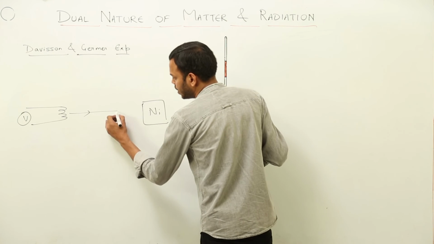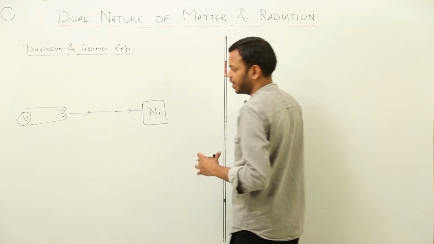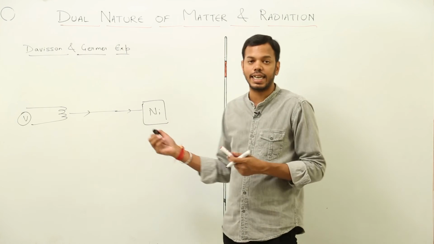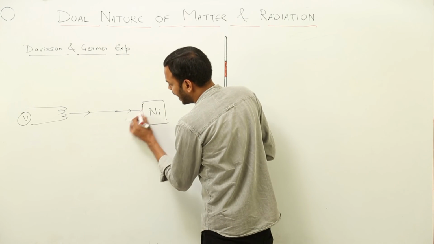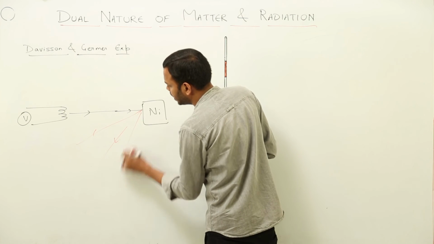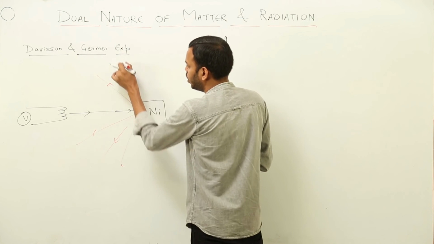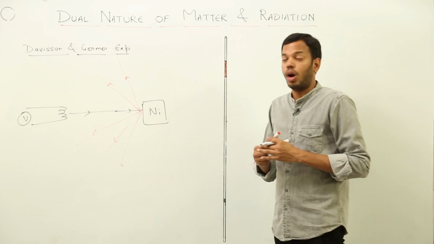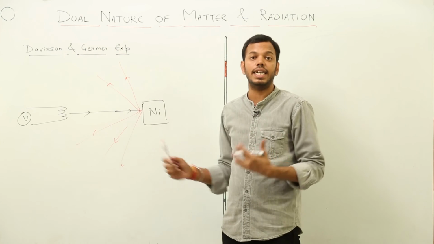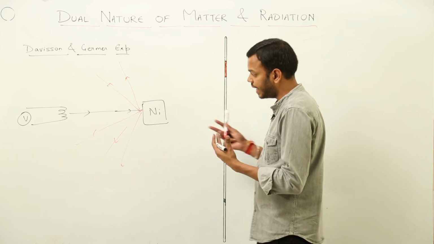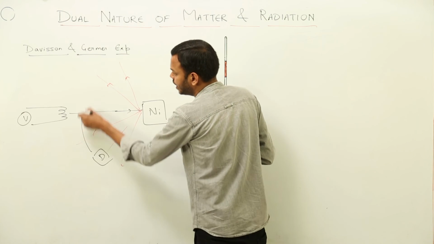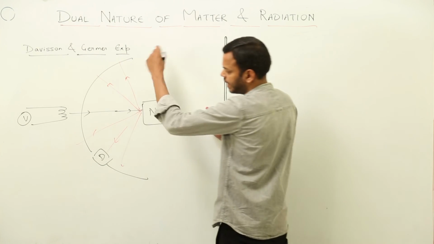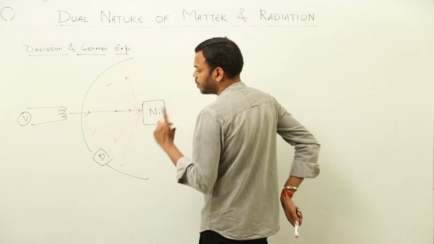Now these electrons, once they interact with the nickel crystal, get scattered in all directions after reflection. In order to see how these reflected electrons are, they placed a detector D which was built to move in this path, and it was measuring two things.